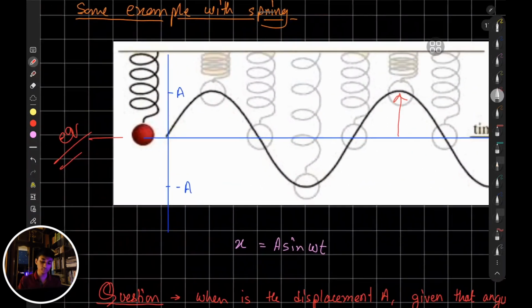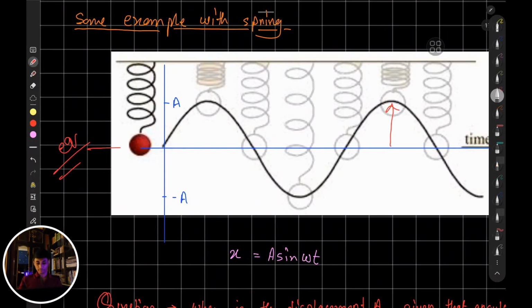Why? Because in this case, the displacement is upwards, but of the bob, the acceleration is going to be in this direction. At this point where the maximum displacement exists, which is above the equilibrium, the acceleration is also maximum, but it's pointing towards the equilibrium because the bob will have a tendency to come back to the equilibrium and then push down.